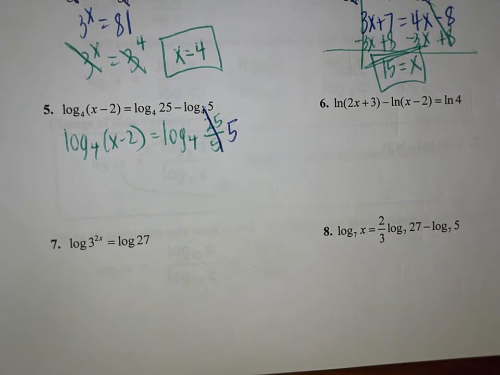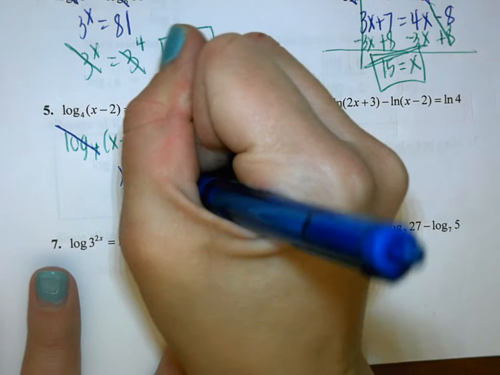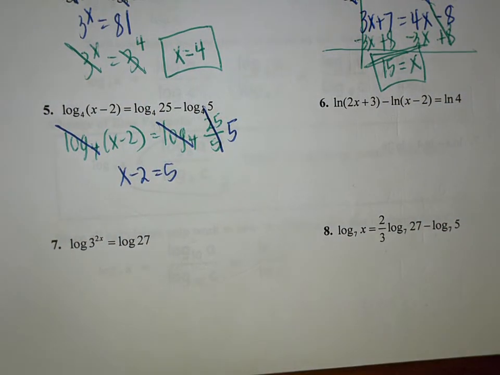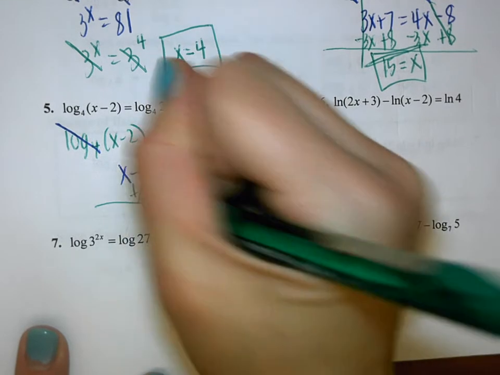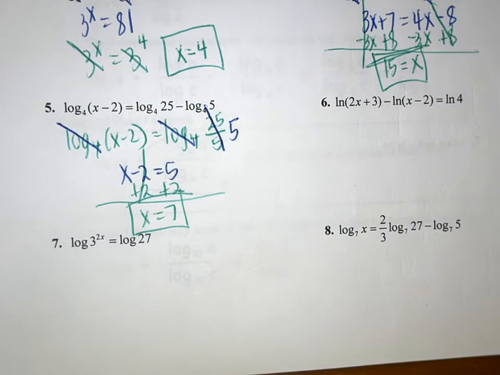So what am I going to do, Lindsay? Good. We're dropping the logs, and we're going to put x minus 2 equals 5. And then my last step is to do what, Marcus? Perfect. Add 2 to both sides. And so what does x equal? Perfect. Questions?